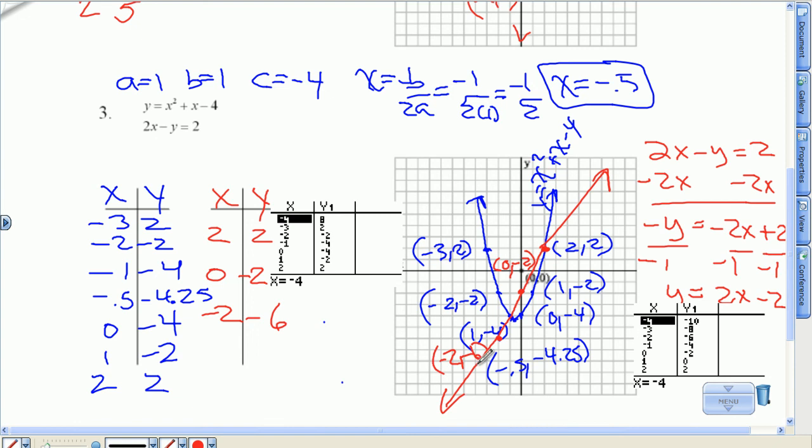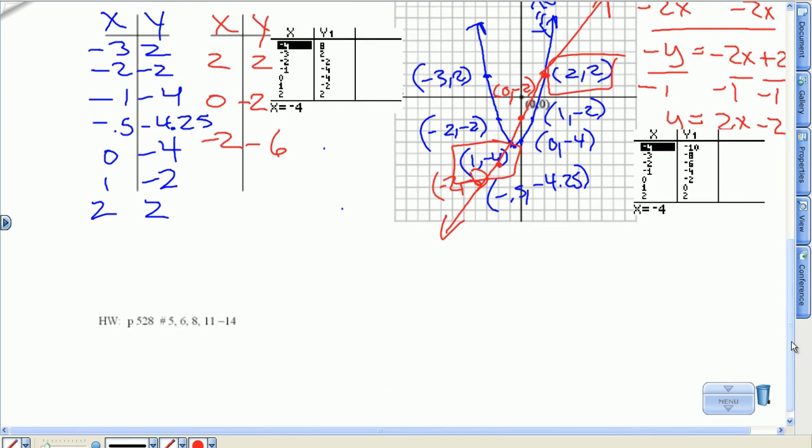So on a piece of graph paper where the squares are a little bigger, it looks a little bit nicer. It does appear that we have a solution here at 2, 2 and 1, negative 4. Although, because I didn't use a ruler, a little suspicious about that. So let's write these solutions down and then hopefully the checks will agree. So we got 2, 2 and we have 1, negative 4.